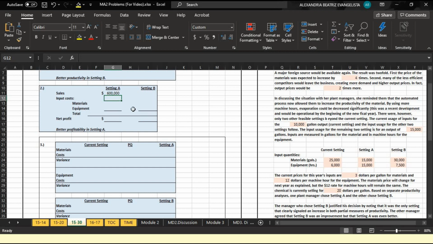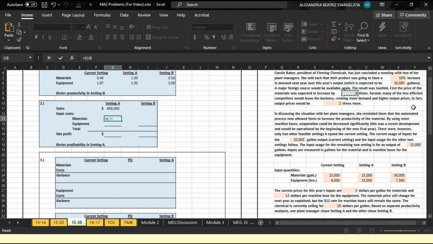And now for the input costs, for materials, that is 4 times 3, because again it is said in the problem that the price of the materials was expected to increase by 4 times, and the current price for this year's input is $3 per gallon, and then we're going to multiply the product of that by 15,000 gallons. That would give us 180,000.